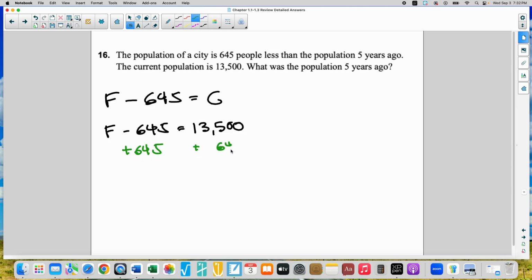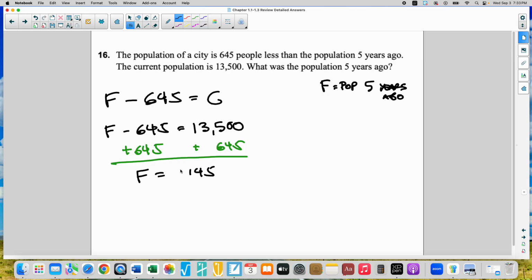That gives us F, the population 5 years ago. And it's not a bad thing to write what your variables equal. 5 plus 0 is 5. 4 plus 0 is 4. 6 plus 5 is 11. Carry the 1. That gives us 4, 1. So the population 5 years ago was 14,145 people.